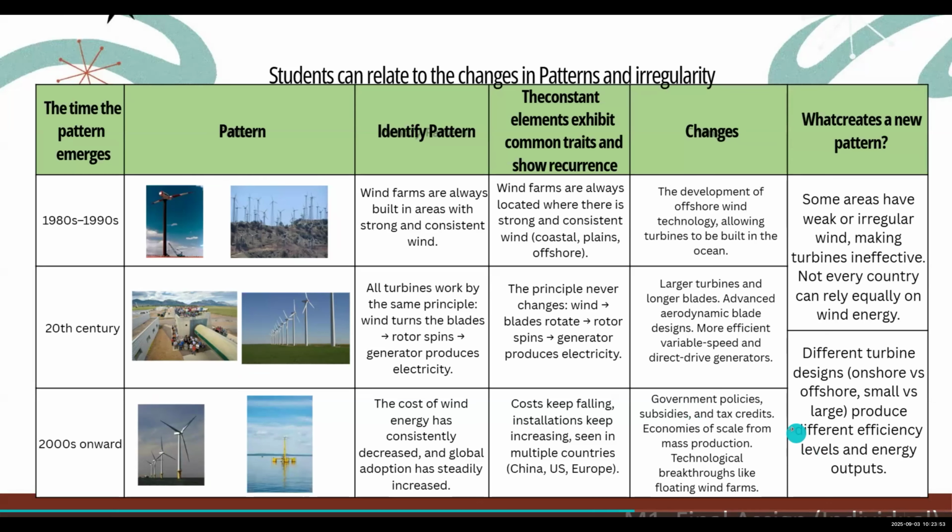That's why many countries have wind energy, such as China, the USA, or Europe. And what creates the new pattern is the different turbine designs, onshore or offshore, which produce different efficiency levels and energy output. Yeah, that's all. Thank you.